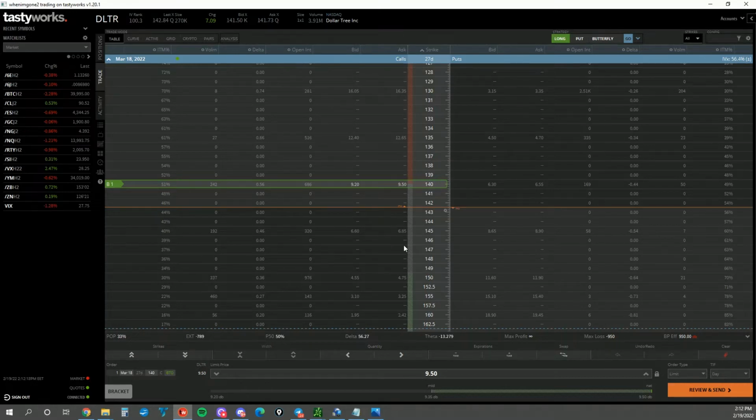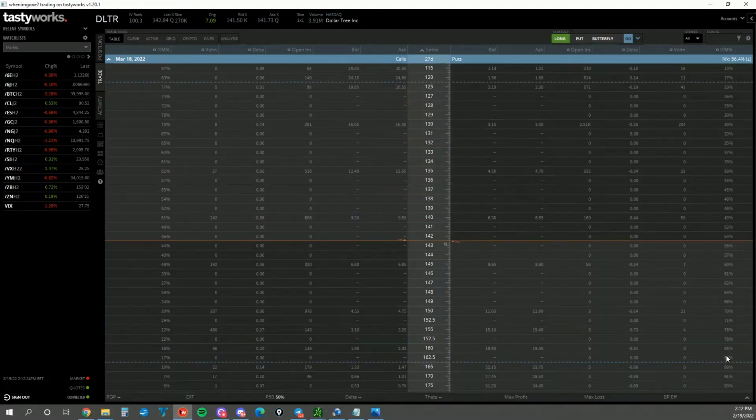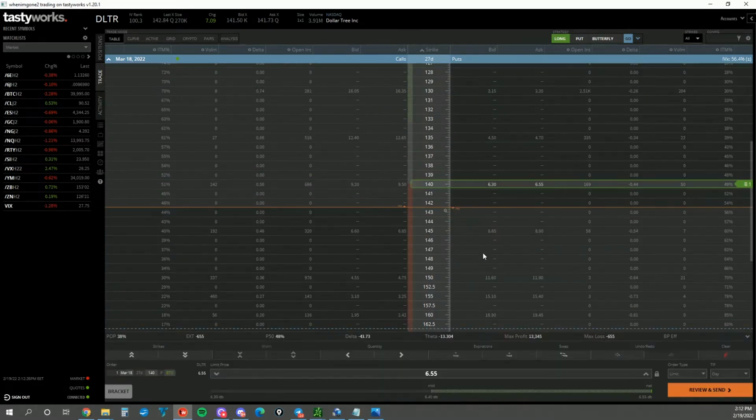Now, this is the absolute basic way to utilize options. You're buying a call, or on the other side, you're buying a put, which means that you're betting that the price will go down. And in this case, the maximum amount of money that you can lose is the premium that you are paying to get into this contract.